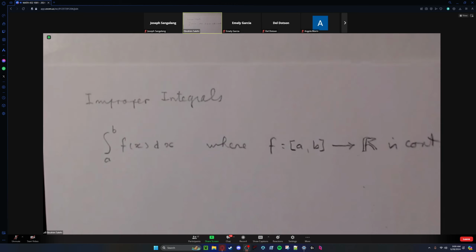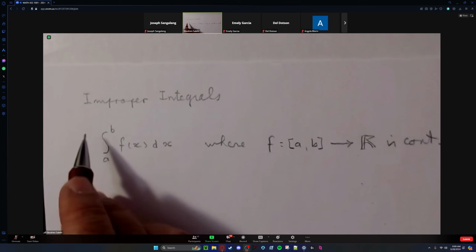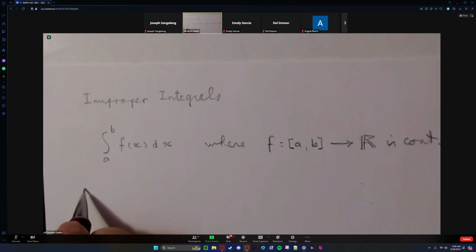Now, I am going to concentrate on improper integrals that look like this. For example, 0 to infinity.